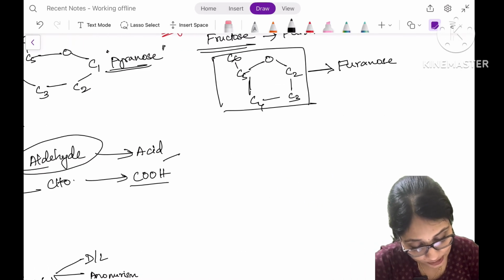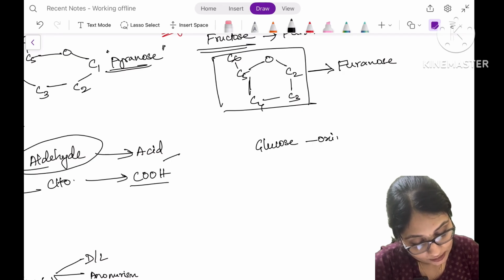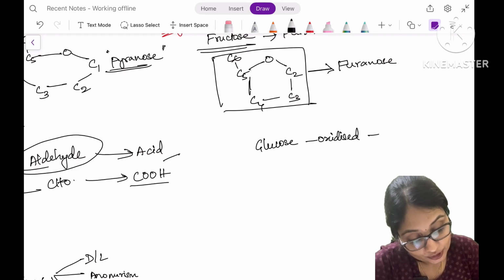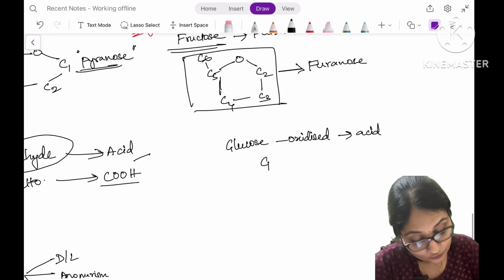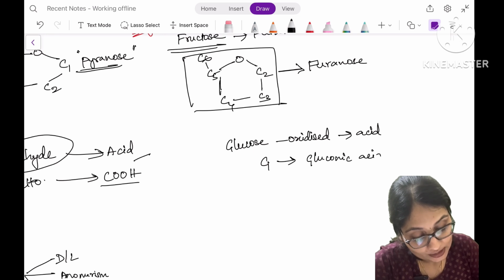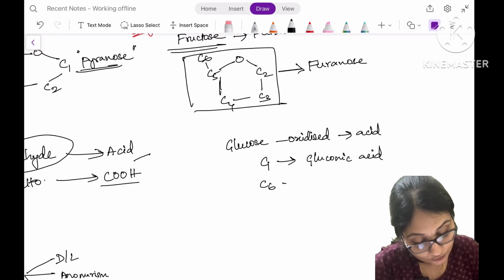In glucose, if it gets oxidized, it should give you an acid, right?